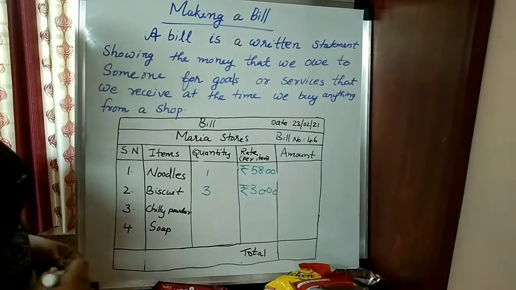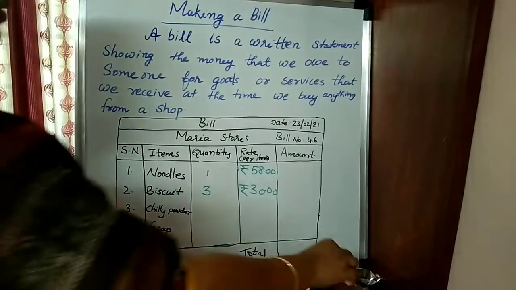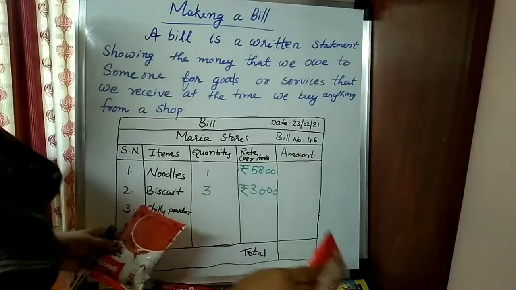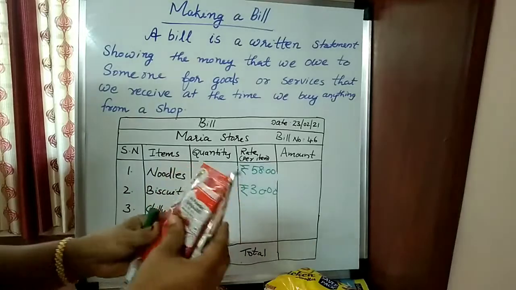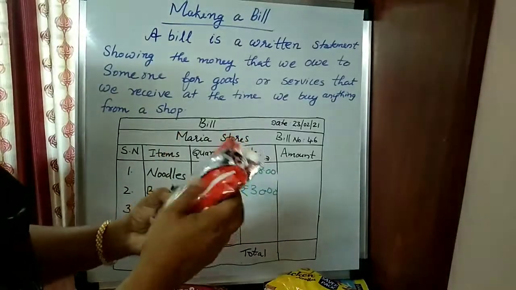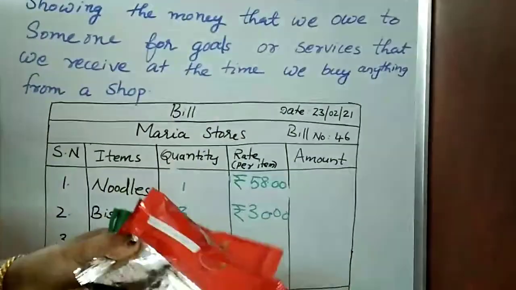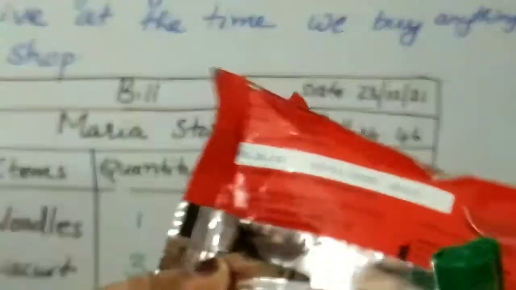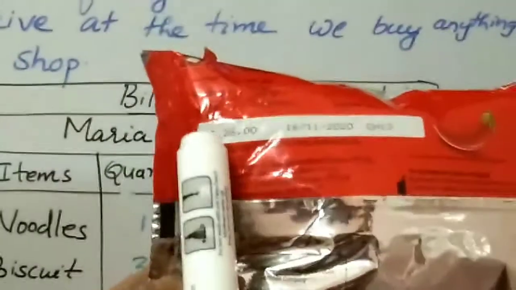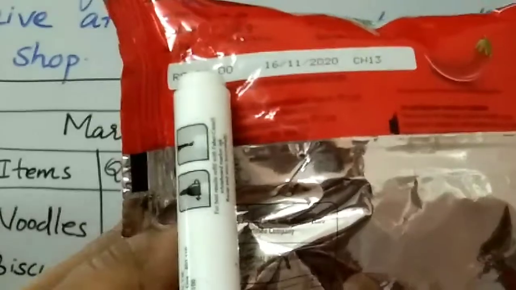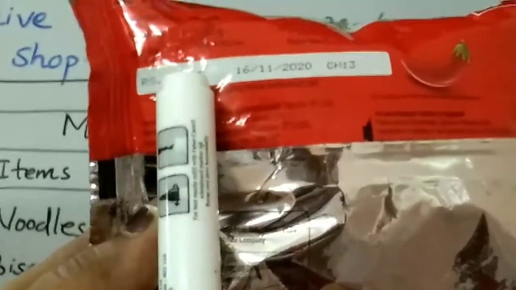Then I have purchased 2 packets of chili powder. The cost of each packet of this chili powder, here you listen, is Rs 26.00.